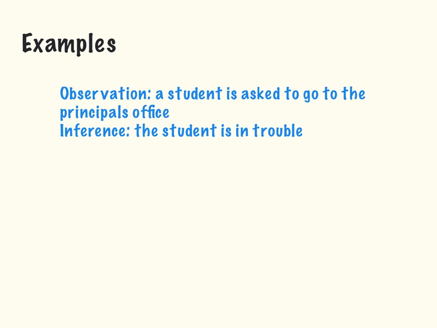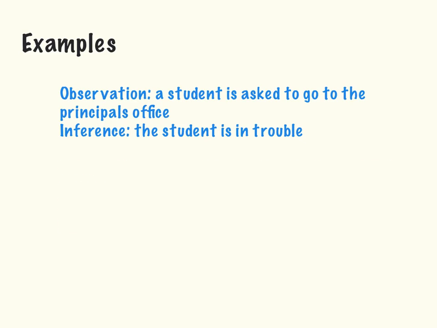Most of us will simply have this inference in our head: he or she is in trouble and they're going to the principal's office to be reprimanded. There could be lots of other reasons that person is going to the office, but we don't know enough. So the amount of our observations is limited, so our inference is not going to be too accurate.